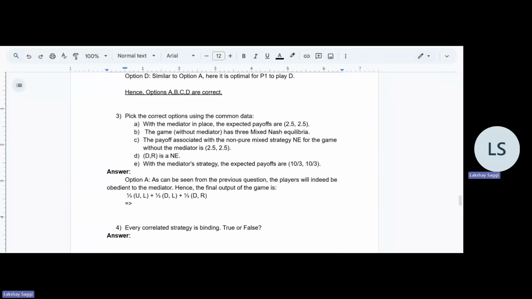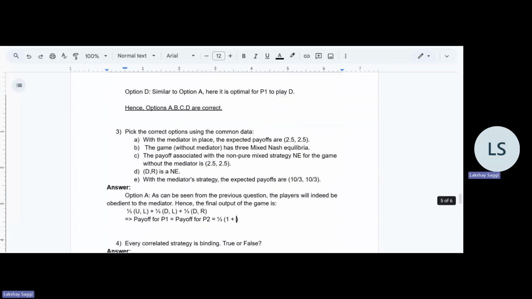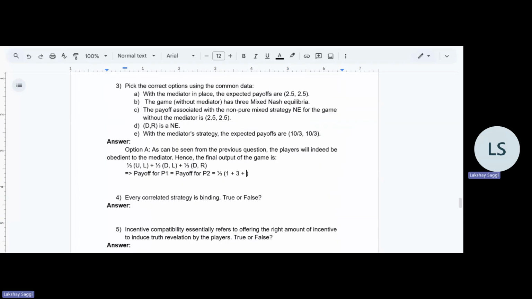This implies that you can just calculate this yourself, that the payoff for P1 is equal to the payoff for P2, which we just discussed, which is just 1 by 3 times (1 plus 3 plus 4), 4 plus 3 plus 1, which is 8 by 3.